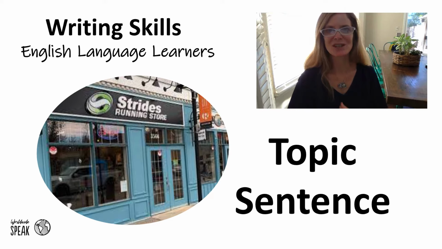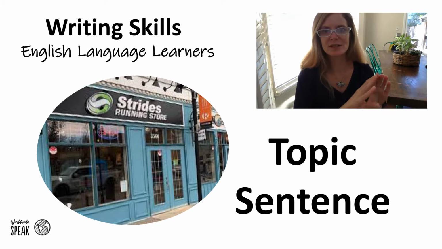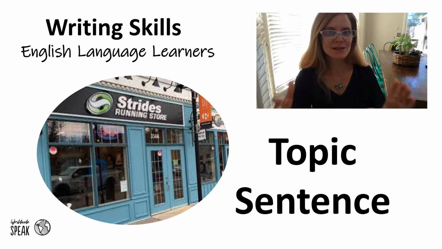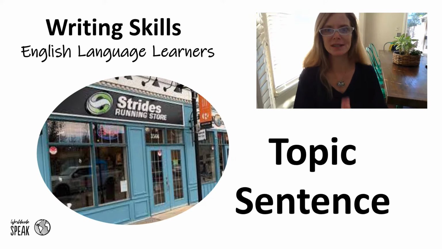All right, so this writing skills workshop or video is on the topic sentence, like I had just mentioned. And the reason I have this picture of the running store is because I want you to think about your topic sentence like the signage or the name of a store. And the name of a store tells you exactly what's going to be in that store.